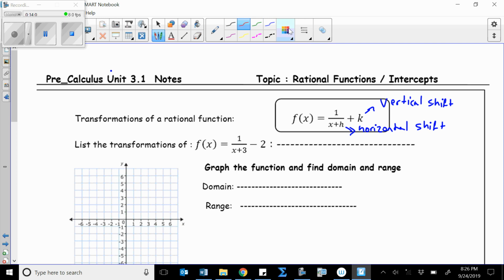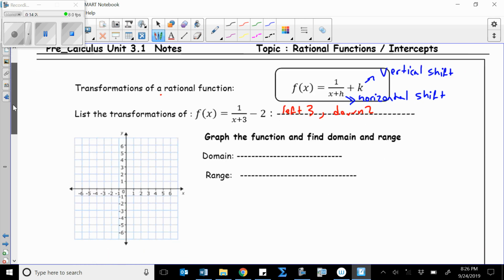On this example that you see here, we have 1 over x plus 3, minus 2. We know that inside the function, it always behaves kind of like an inverse. We have x plus 3, but your function is going to move left 3. And then you have minus 2, which means your function is going to move down 2.